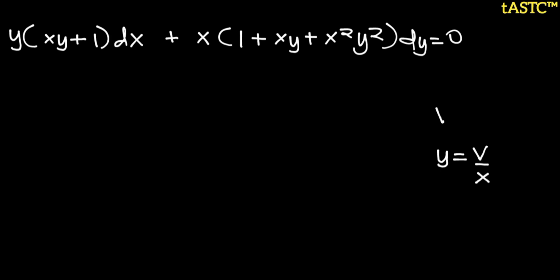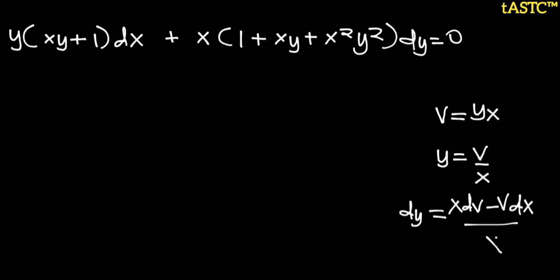Now bear in mind that is because v is equal to y multiplied by x. So dy is going to be x dv minus v dx, divided by x squared. Okay, so we need to place all of them in perspective.